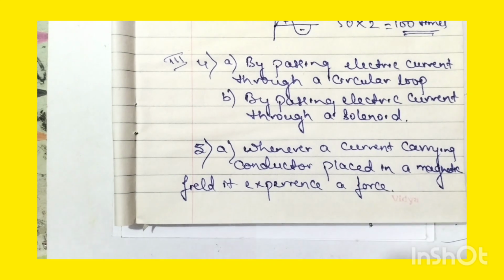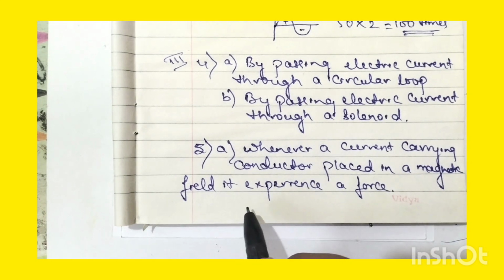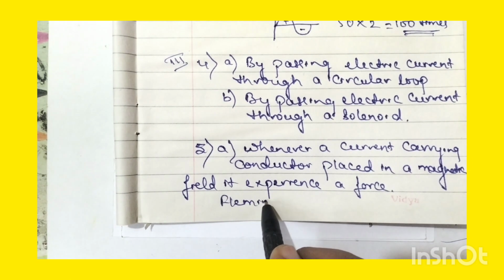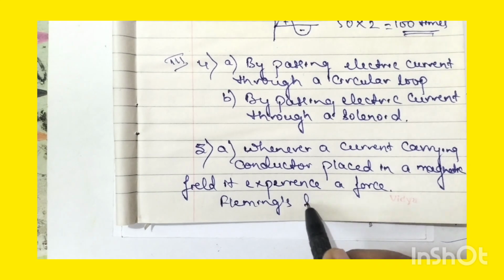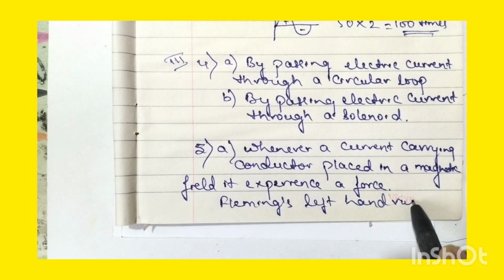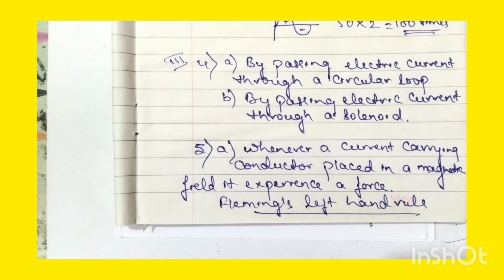This is the principle of a motor. Then we have to define the rule. So here we are using the rule called Fleming's left hand rule. Fleming's left hand rule is used to identify the direction of force. Let us define Fleming's left hand rule.